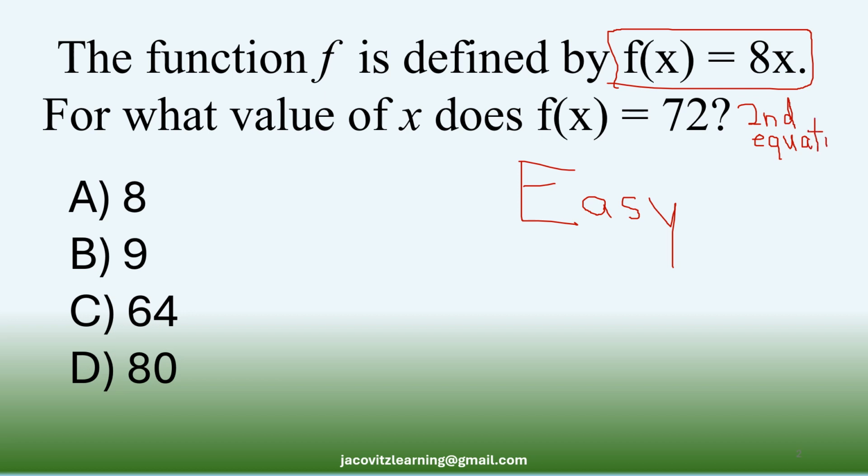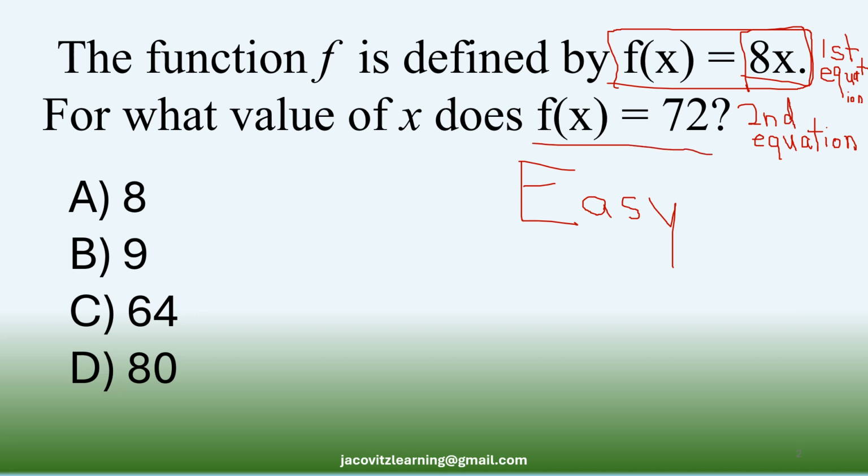It sets you up for when you get ready to do elimination, when you get ready to do substitution. So if f of x is 8x, all you have to do is take this 8x and plug it into your equation for 72. So we're going to take this value, 8x, and put it here.